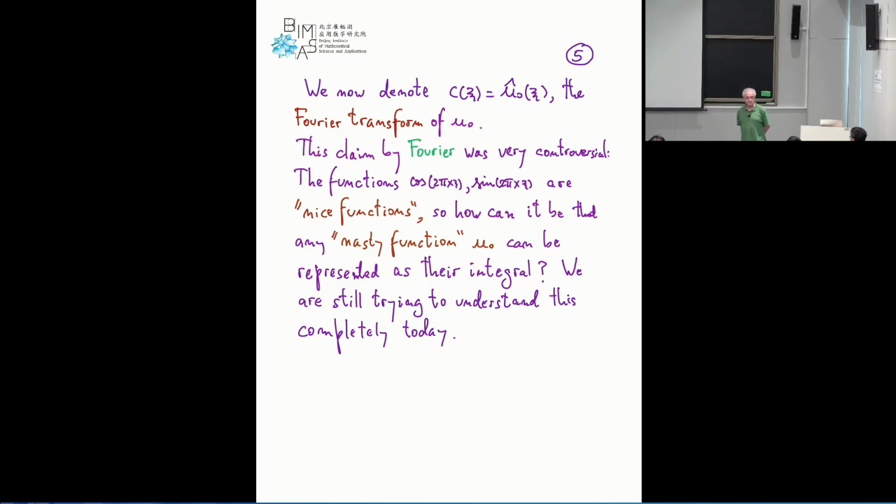This did not make sense to many people at the time. And it turns out that, in fact, it is not correct. It is not true that this happens for all functions. But for many functions, it does happen. And so Fourier wasn't stopped by this, and he moved on. And we're still trying to understand completely for which functions this can be done, especially in higher dimensional settings. So these are problems in Fourier analysis that still have to be resolved. Okay.